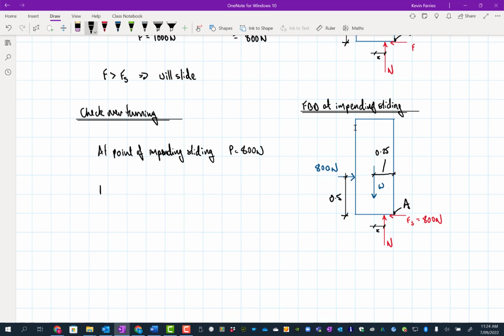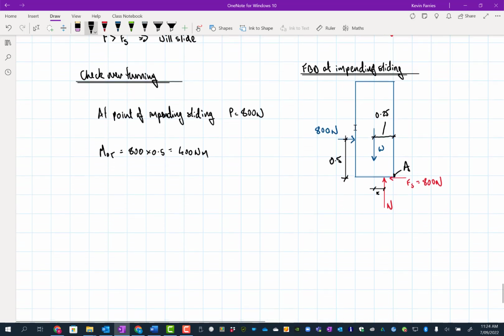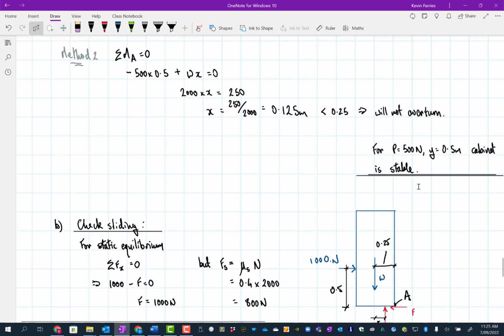Then we can check, so the overturning moment would be equal to 800 times 0.5, which is 400 Newton meters. And the restoring moment, again, we're not worrying about plus or minus because we're talking about overturning and restoring. These kind of have the direction wrapped up in them. And so our point of rotation would be A. We talked about that up here.